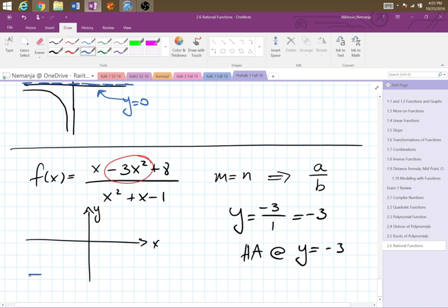Horizontal asymptotes are always horizontal lines. Where's the line coming from? The coefficient of x squared is 1. So this is the coefficient in the denominator, the coefficient of x squared.